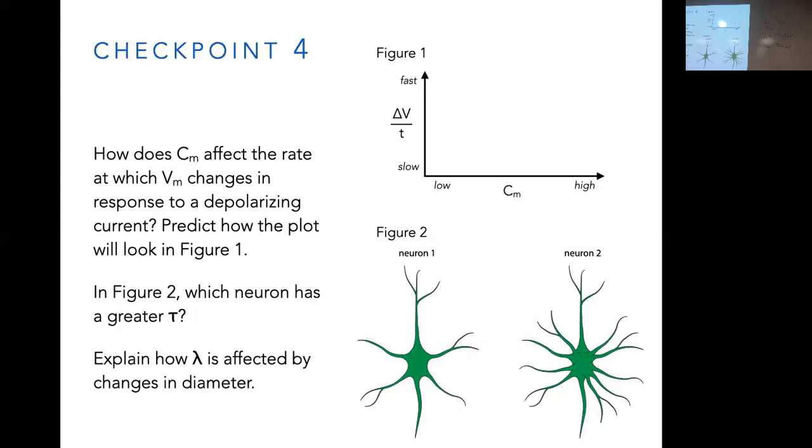Okay, diameter. Which one is that going to affect? Yes. That's going to determine your internal resistance. So let's say that we decrease our diameter. What happens to lambda? Okay, great. So what happens to the internal resistance when you drop the diameter? You're decreasing the diameter. Yeah, so let's compare here to here. Which one do you think has higher internal resistance? Great. Much higher internal resistance.